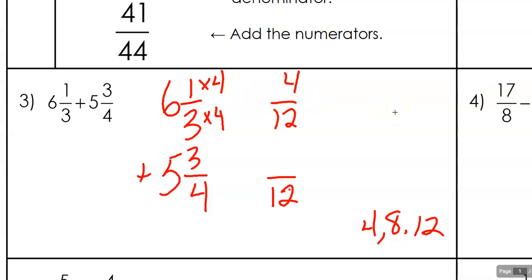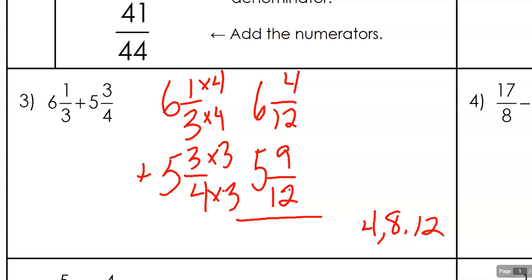I'm going to bring over the whole number, 6, right? So let's make an equivalent fraction here. What can we multiply times 4 to give me 12? 3. So I'm going to do the same thing to the top and multiply the numerator, the top number, by 3. And that gives me 9. My whole number, again, is 5. Okay? All right, so here we go.